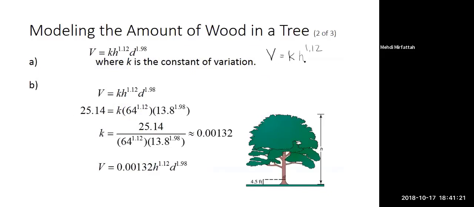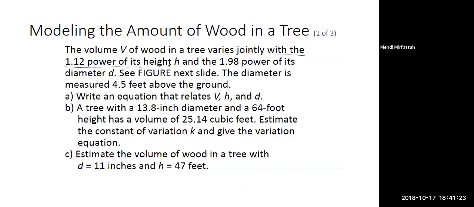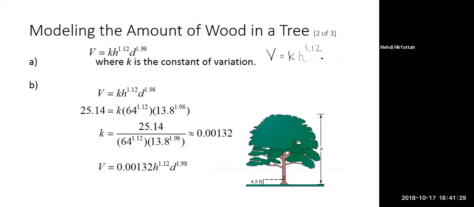And jointly with what? The 1.98 power of D, so it would be D to the power of 1.98, which is right here. V is equal to some factor K times H to the power of 1.12, D to the power of 1.98.